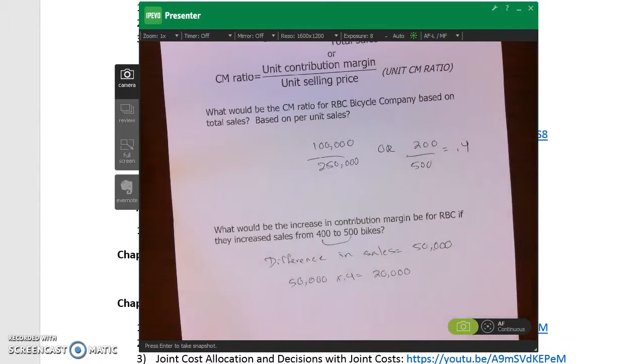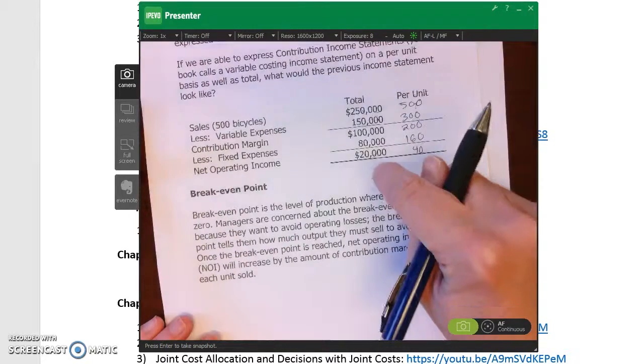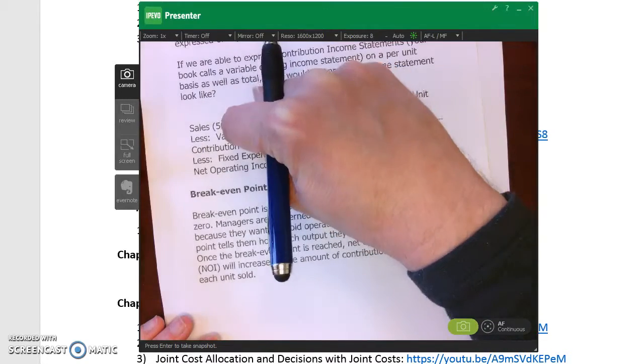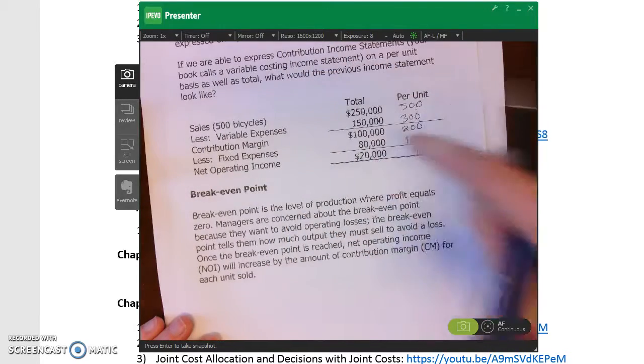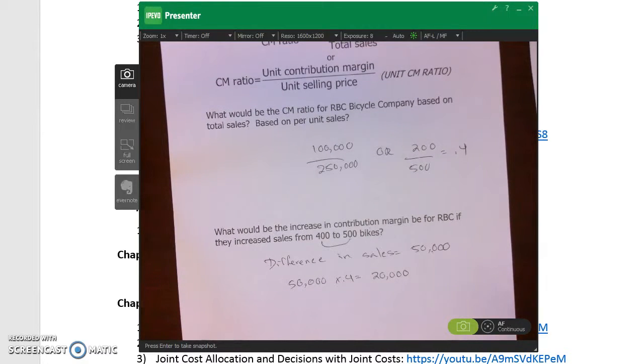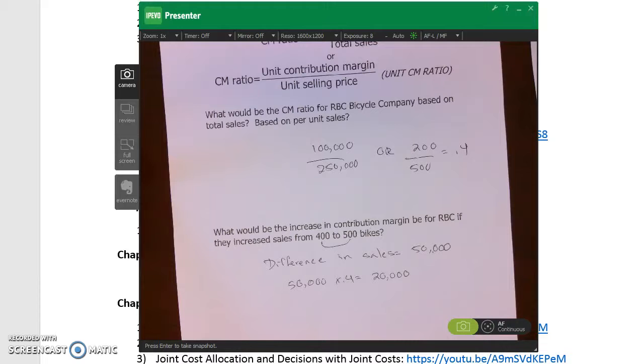And that will also be the change in net operating income because I'm past the break-even point. Remember, if I have 400 bikes, this number is 0 because it's break-even. And then if I do 500 bikes, I get $20,000, which is also equal to the increase in contribution margin because I'm beyond the break-even point.